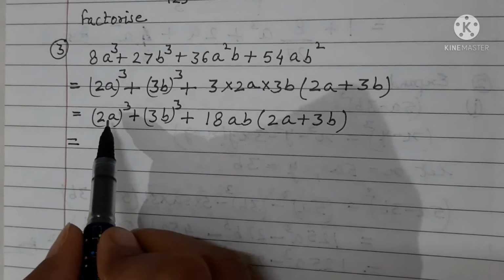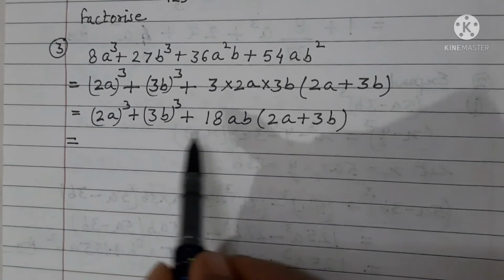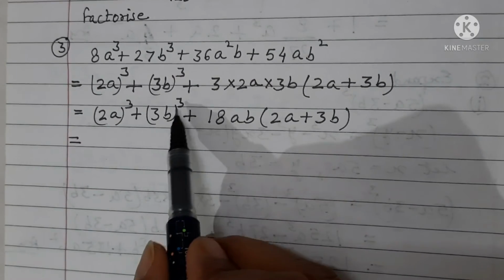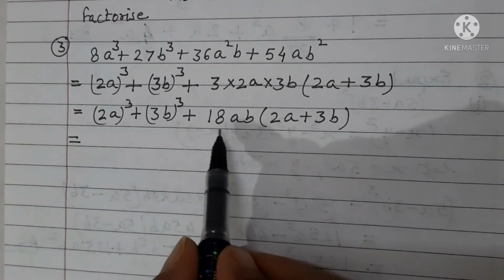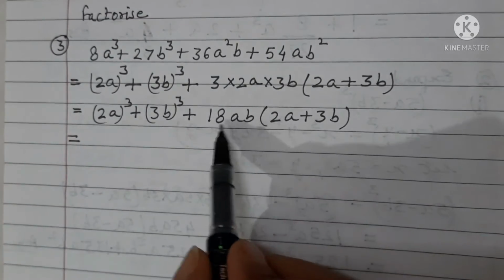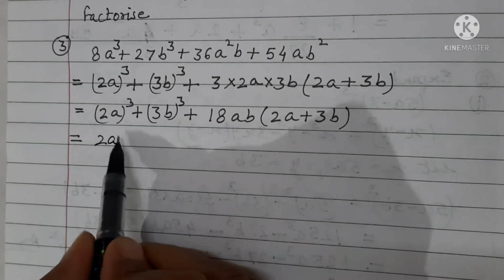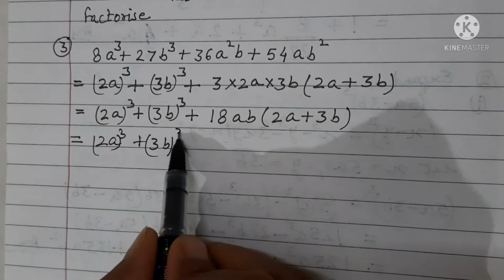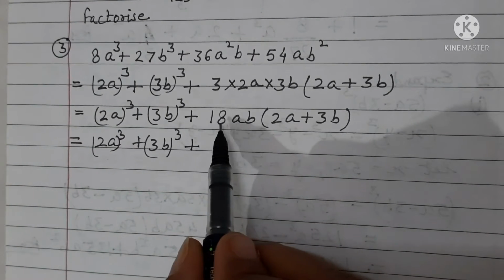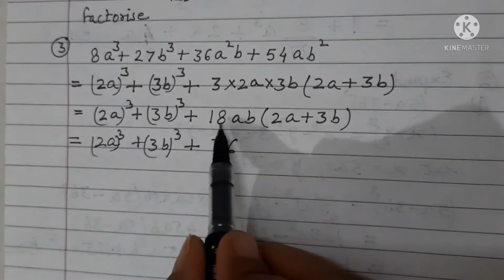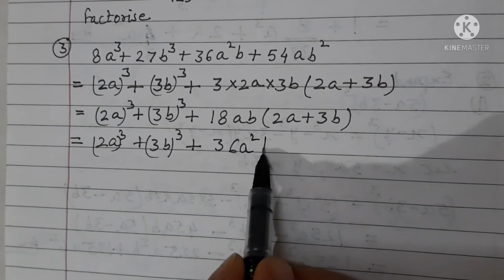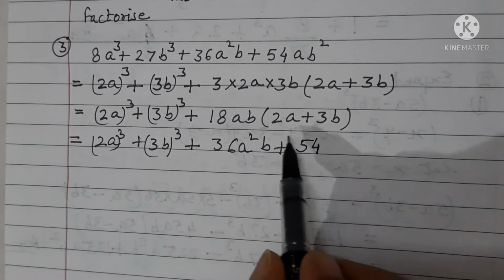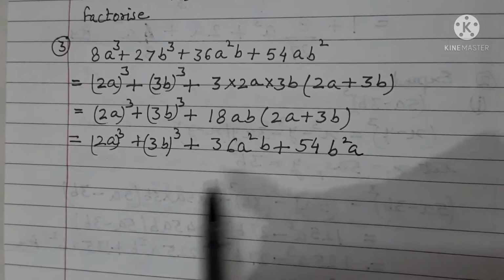So open this and see what happens. 2a cube plus 3b cube plus, here write down 2a cube plus 3b whole cube plus multiply it, 18 2 is 36 a square b plus 18 3 is 54 b square a.